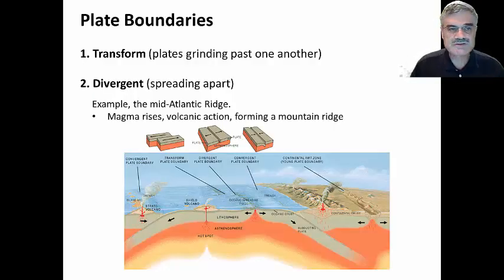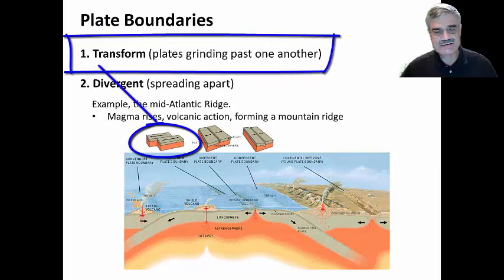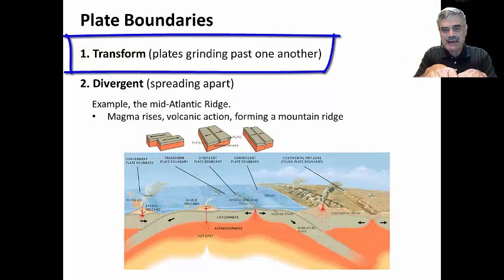So let's now focus on what happens at these plate boundaries, where the action is. Basically there are three types of activities that can occur at plate boundaries that result in these dynamic events. One is what we call transform boundaries, and basically this is when two tectonic plates slide past each other.